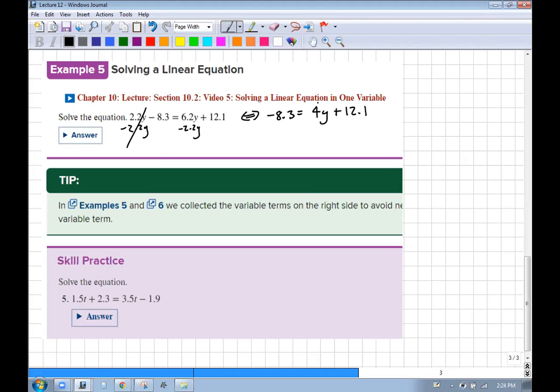So now our y's are consolidated. Let's get rid of this 12.1. That gives us 4y is equal to negative 12 and 8 is 20. So now dividing both sides by 4, y is negative 20.4 divided by 4, negative 5.1.